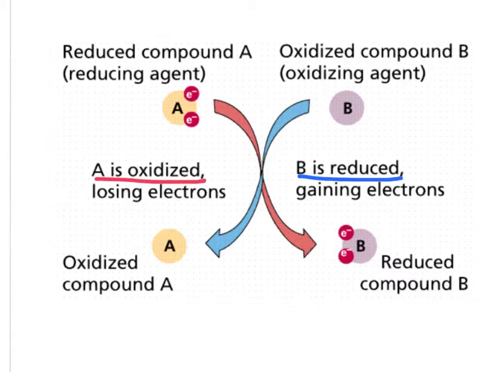Another term, and we're going to talk about this a little bit later as well, because A is oxidized, A is also called a reducing agent because it facilitates the reduction of the other compound. Likewise, B is reduced because it gains electrons, but it facilitates the oxidation of the other compound. So we call B an oxidizing agent.